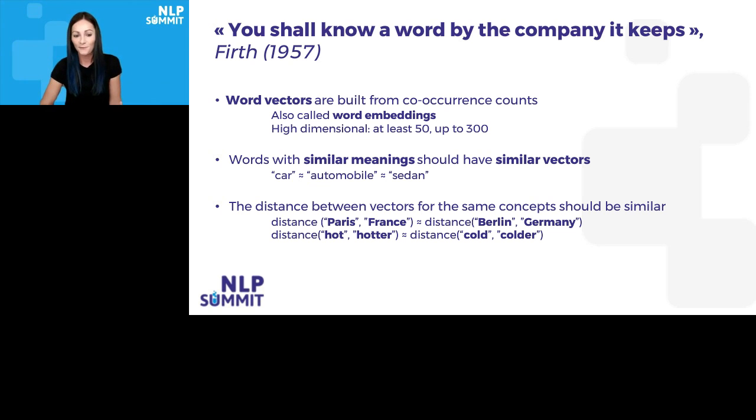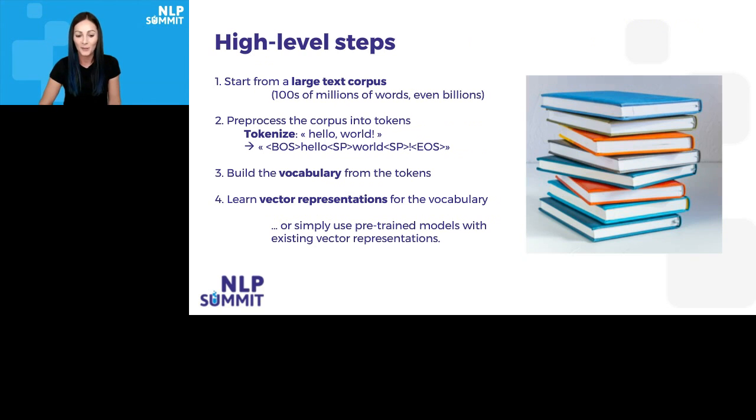So the high-level steps in building NLP models: you really start from a large text corpus, and that could be hundreds of millions of words, sometimes even billions. Many of the famous and popular models are trained, for example, on Wikipedia or a corpus of book collections. Then you pre-process the corpus into tokens.